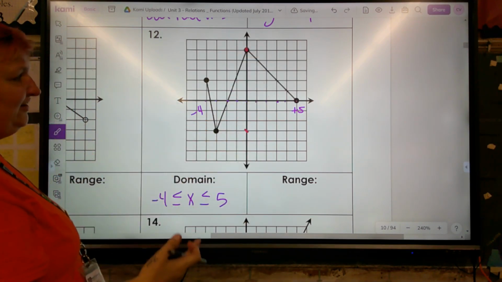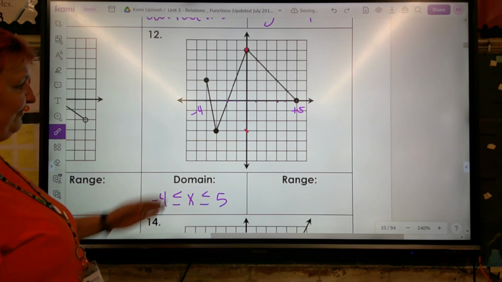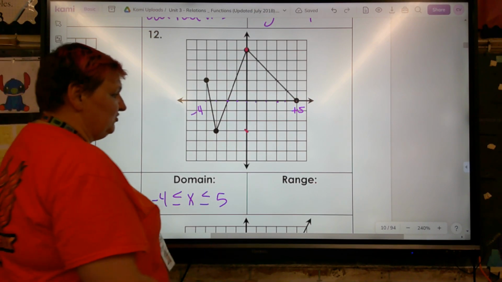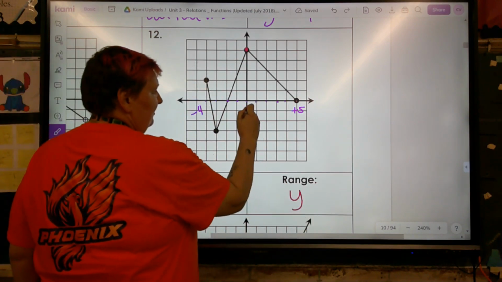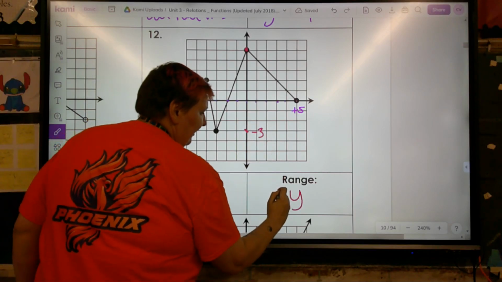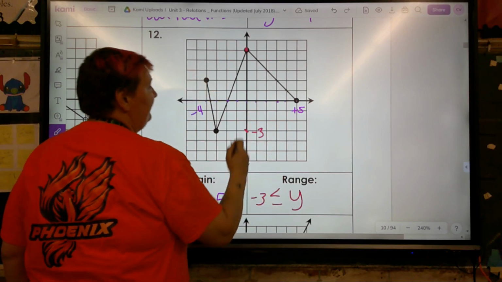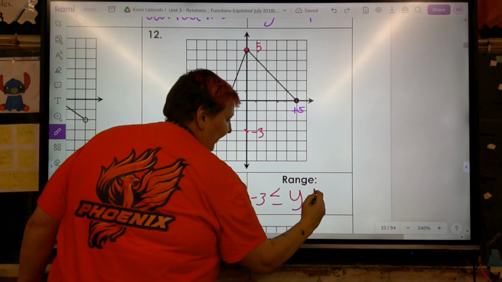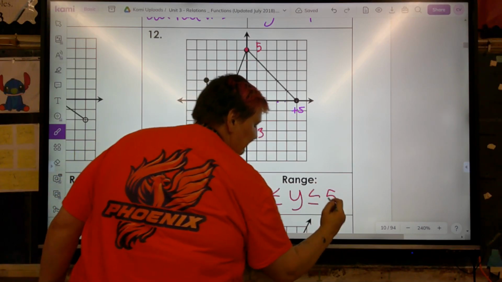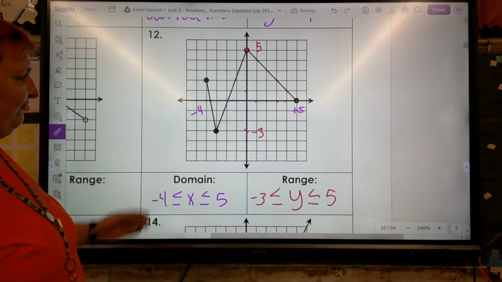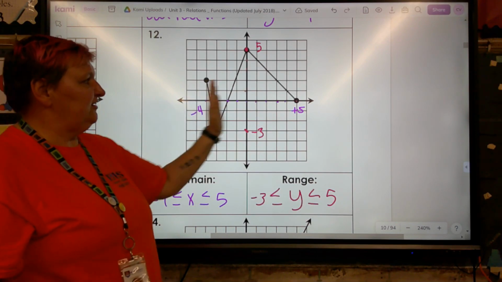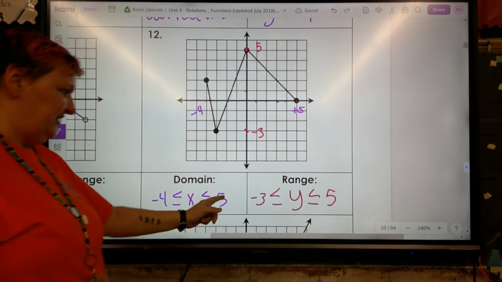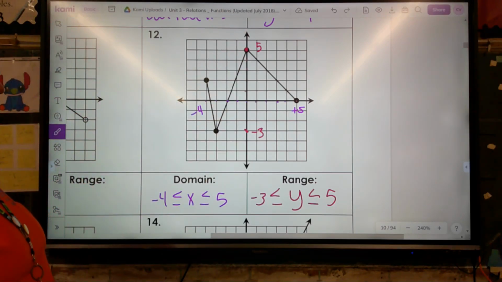It's going to hit everything in between. I found its lowest point and its highest point. So I know the y, 1, 2, this is a -3, has to be greater than or equal to -3. 1, 2, 3, 4, 5, this is +5, and less than or equal to +5. I found its lowest point, highest point, and then I just said what they were.